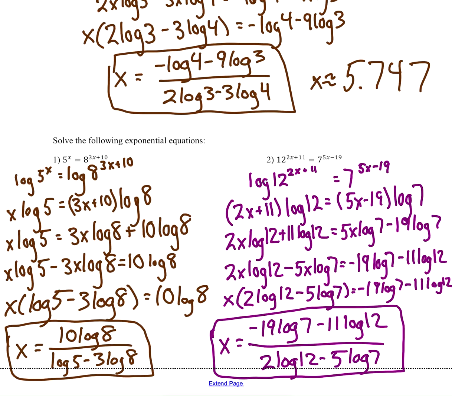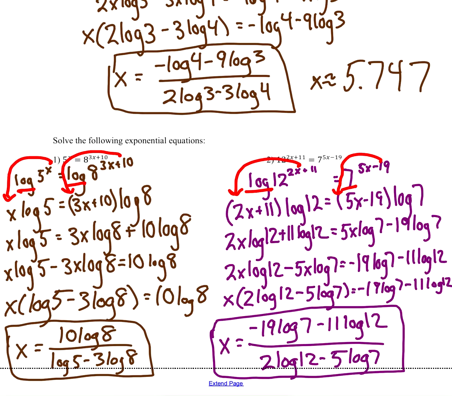Because they're both exponential equations and we can't get the base to be the same, we log both sides. And what does that allow us to do? That allows us to bring our exponent as the coefficient, as you see here and here. Same thing here and here.